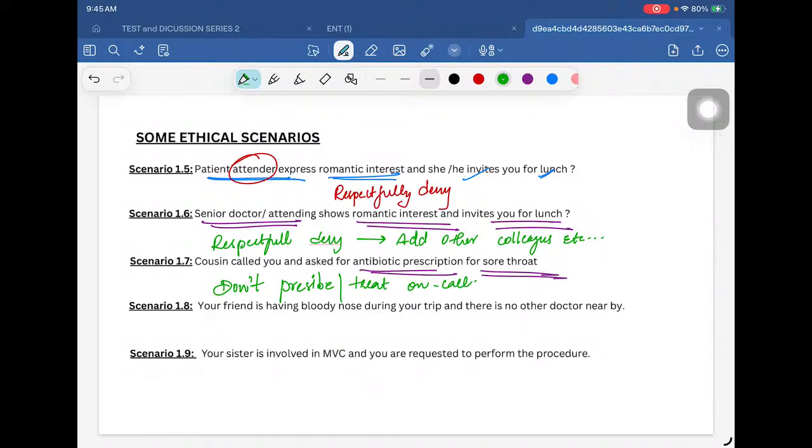Your friend is having a bloody nose during your trip and there is no other doctor nearby. Can you do some sort of treatment for this patient, or should you wait for an available doctor? In this scenario, this is a little emergency.